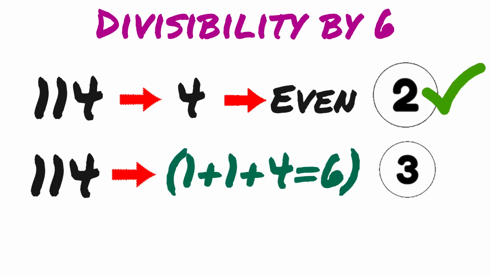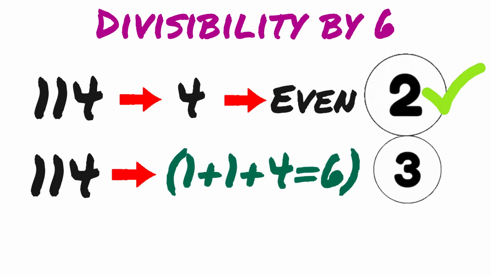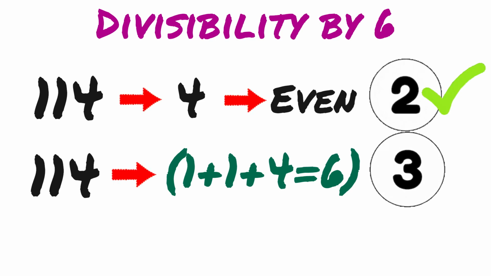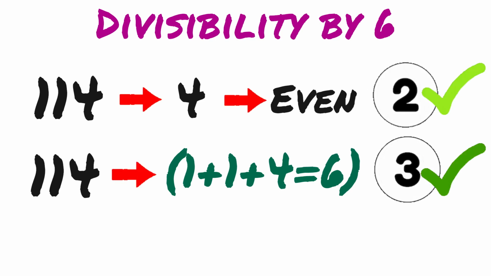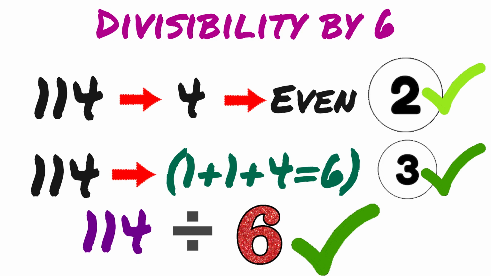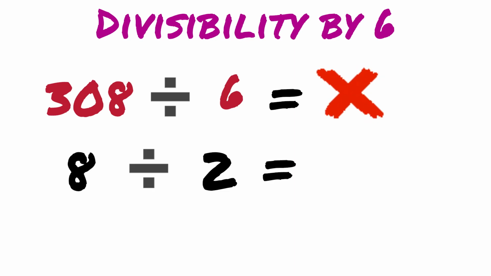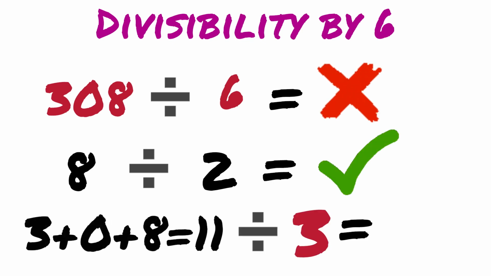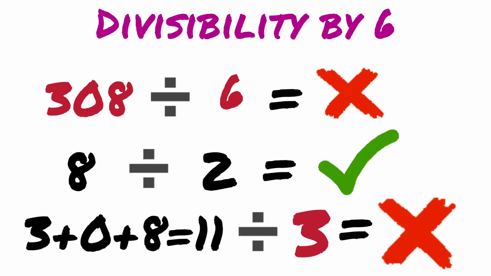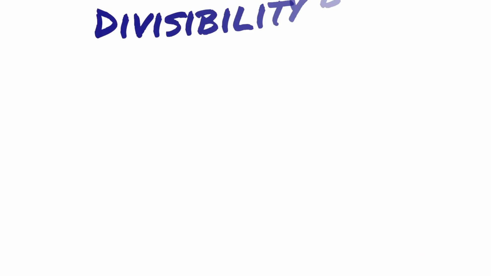The sum of digits, 1 plus 1 plus 4, is equal to 6, which is also divisible by 3. Hence, 114 is divisible by 6, but 308 cannot be divisible by 6. Although its last digit is an even number 8 and it can be divisible by 2, the sum of its digits, 11, cannot be divisible by 3.